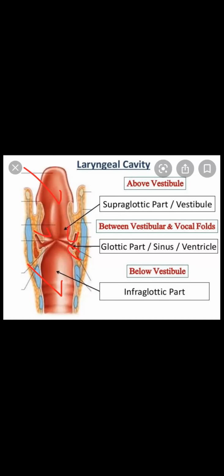The vocal fold is formed by the vocal ligament and vocalis muscle. Above it you have the supraglottic area or vestibule, and below it the infraglottic area. So you should know the vestibule, the vocal fold, the supraglottic area, and the infraglottic area.